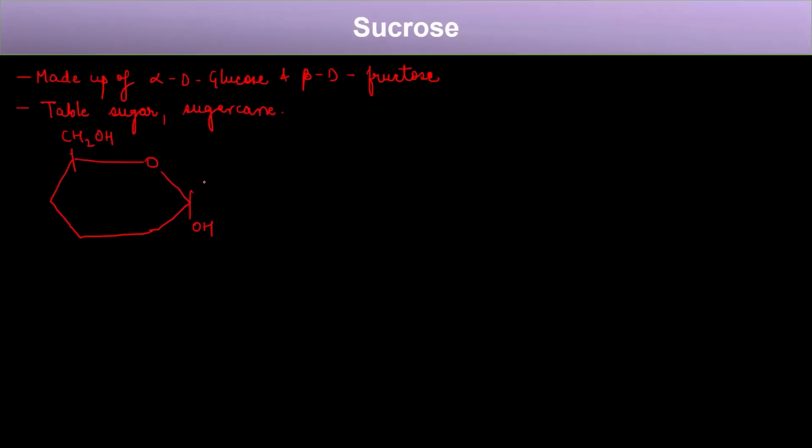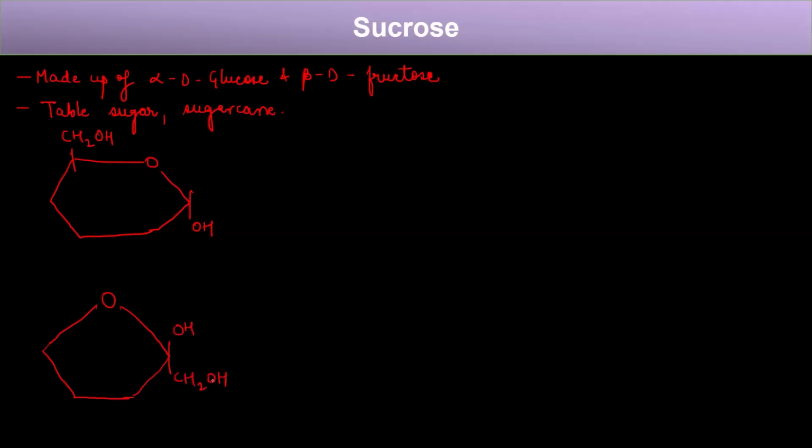Now, what else do we have? We have beta D fructose. So what is the structure of beta D fructose? The beta D fructose will look something like this. Since it is beta, the OH will be above, right?